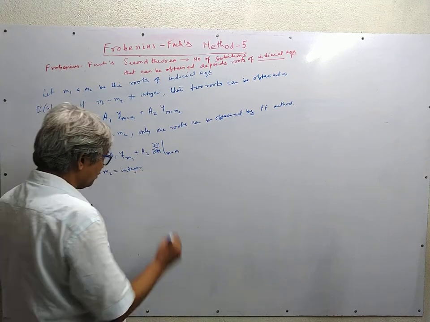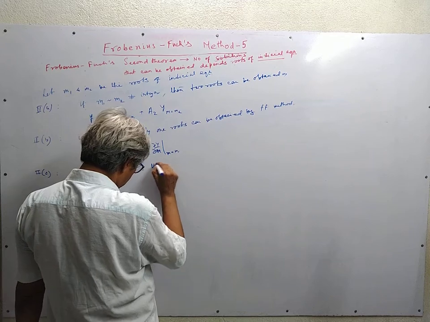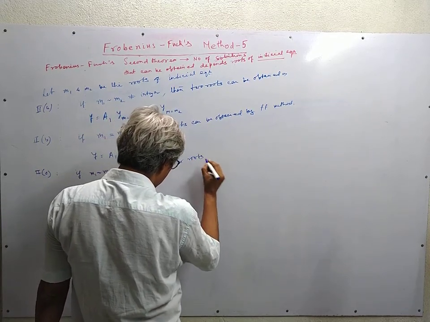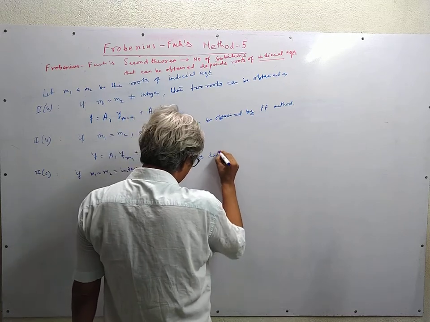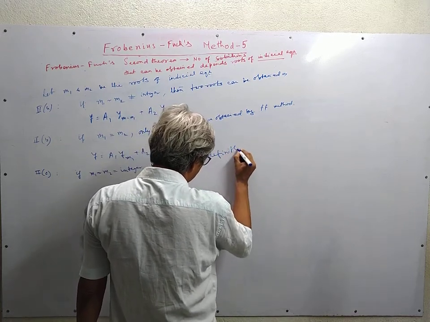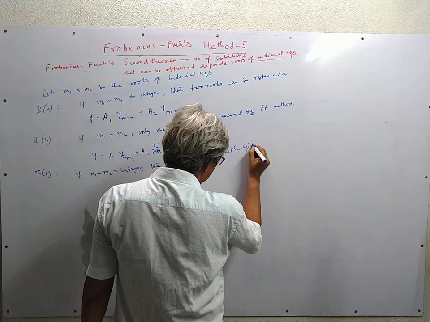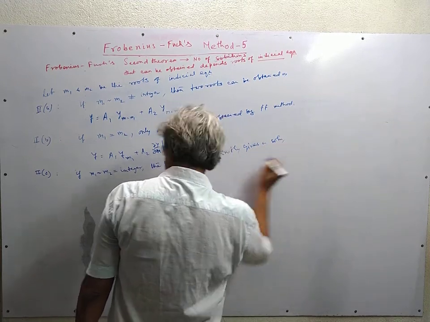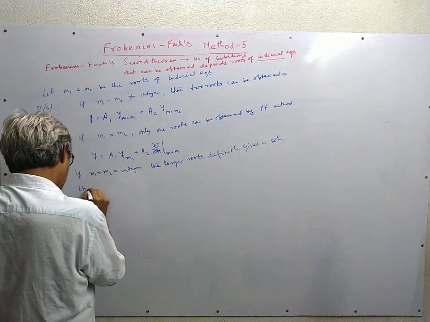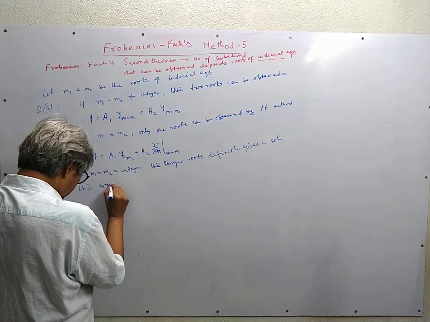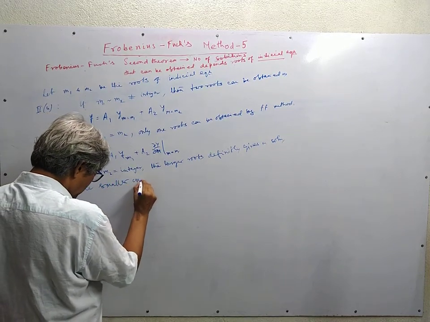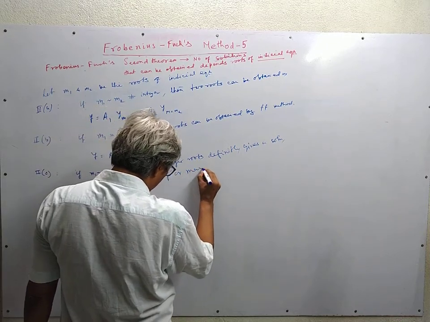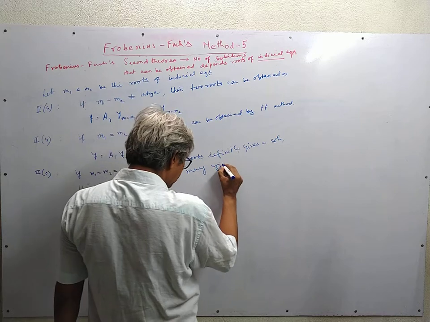The larger root definitely gives a solution. The smaller one may or may not yield a solution.